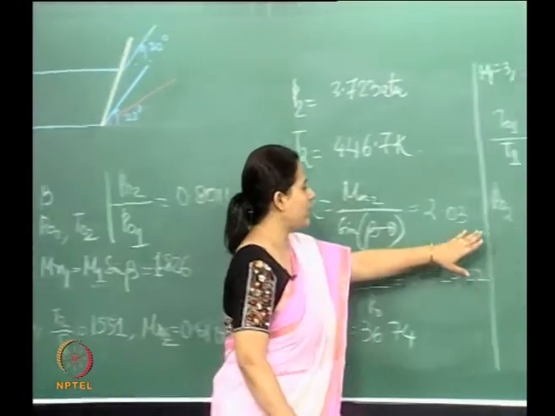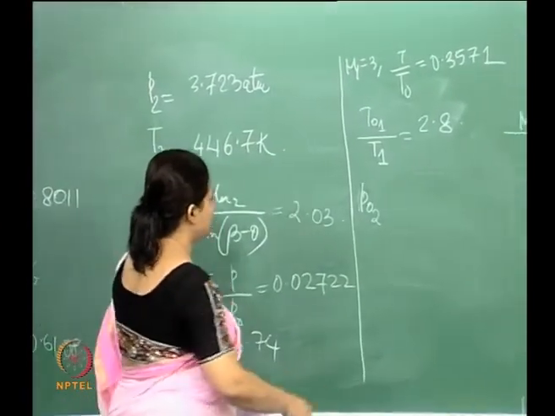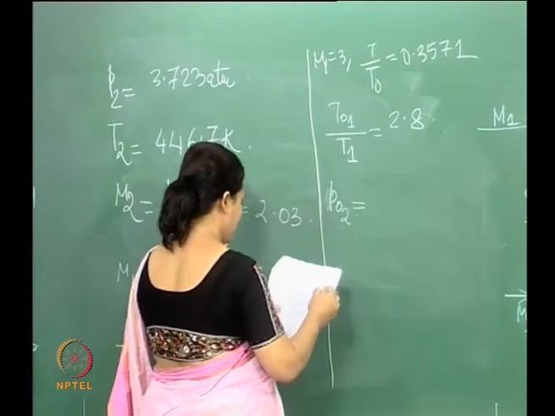The way we get P naught 2 is, if we are a little clever and use this.